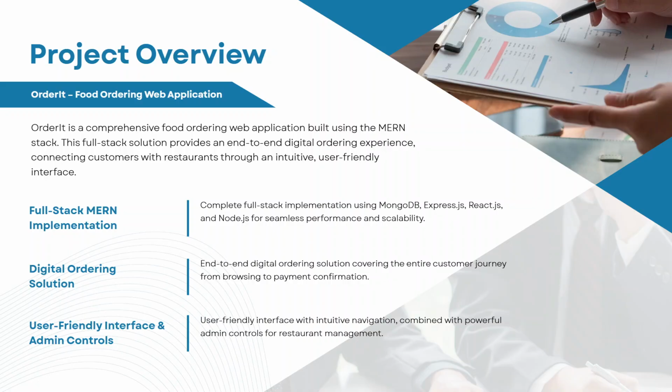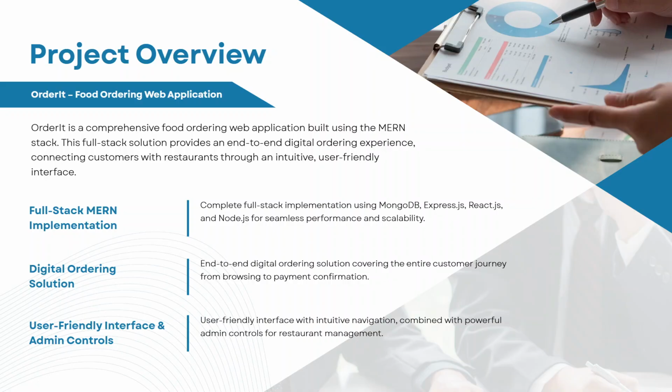Coming to project overview, my project is titled OrderIt, which is a full stack food ordering web application built using the MERN stack. This application provides a complete digital platform where users can browse restaurants, view menus, add food items to a cart, make payments, and track their orders. The system is designed as an end to end solution covering the entire user journey from selecting food items to completing the order.